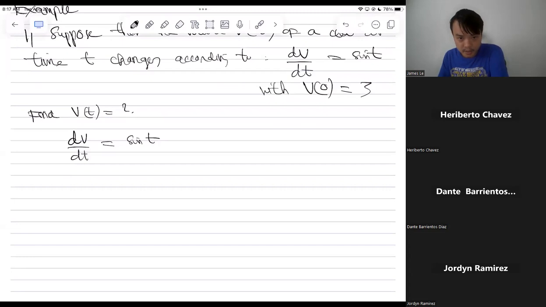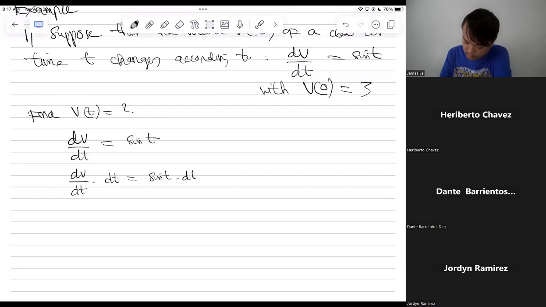Okay. So if I multiply both sides by dt, this one is going to cancel out. So I only have dv equals sine t dt. So on the left hand side I only have v, and on the right hand side I only have t, right?